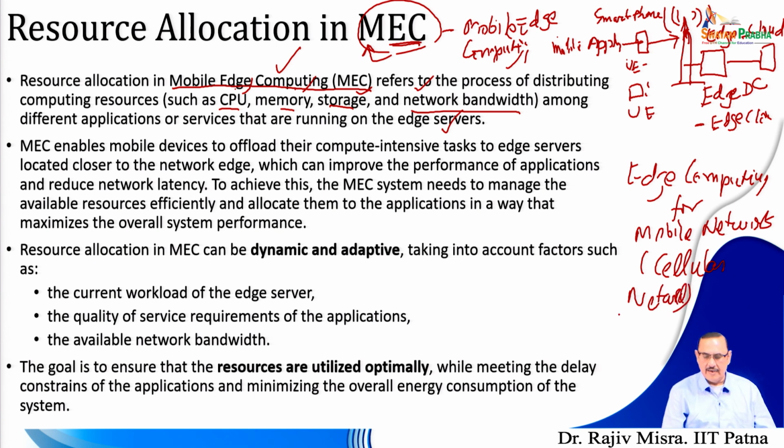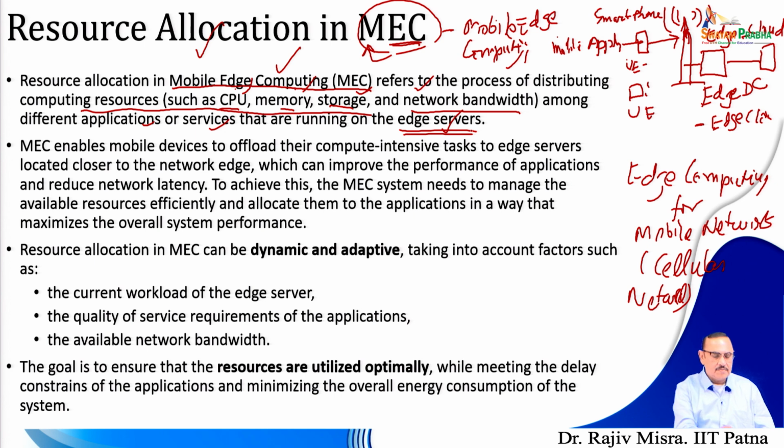Let us get started again by understanding the resource allocation in mobile edge computing. Resource allocation in mobile edge computing refers to the process of distributing computing resources such as compute, memory, storage and network among different applications or the services that are running on the mobile edge servers.